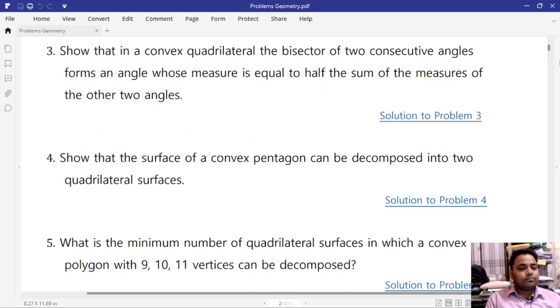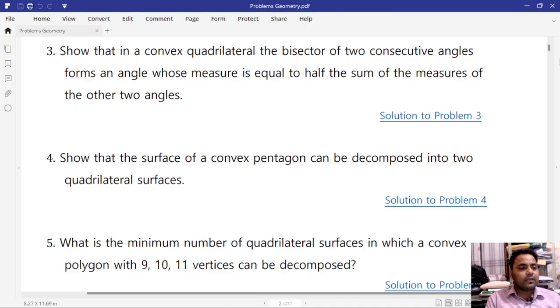Now in problem 3, show that in a convex quadrilateral the bisector of two consecutive angles forms an angle whose measure is equal to half the sum of the measures of the other two angles. So here we have to think about the concept of the construction of convex and concave quadrilateral.